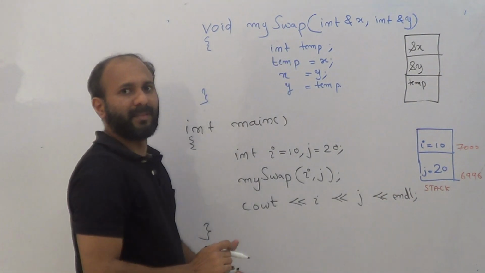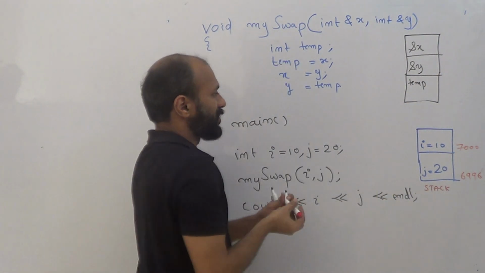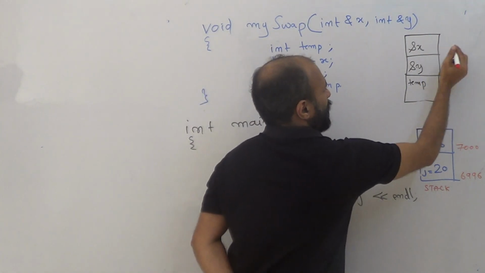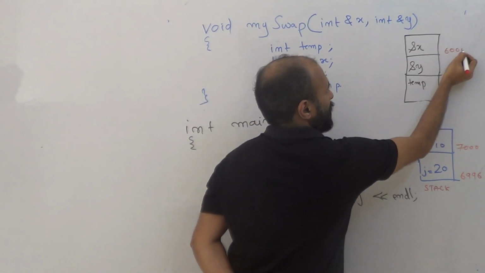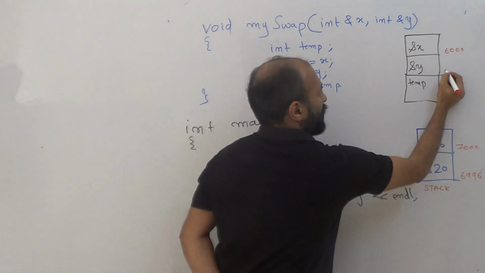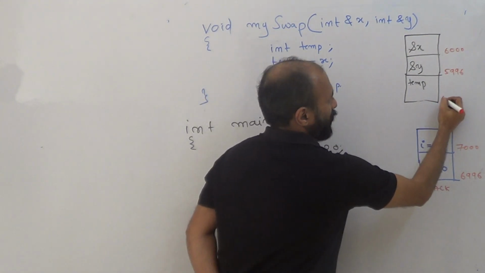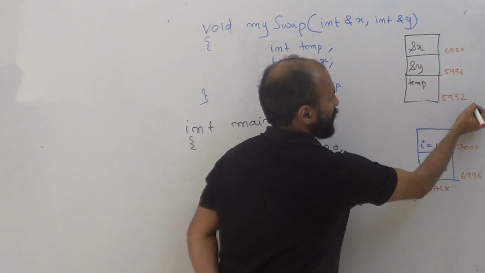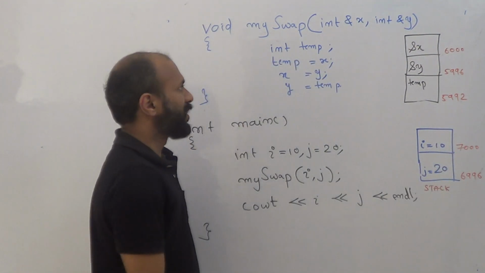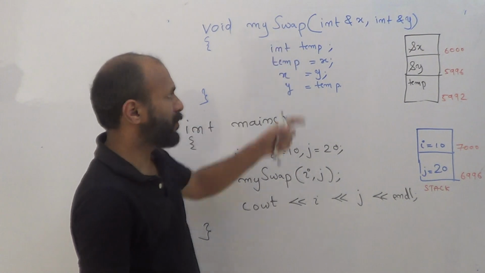This is the memory picture. For example, these addresses are some different addresses. This is 6000, this is 5996, this is 5992. These are the addresses. This is the stack frame of mySwap.